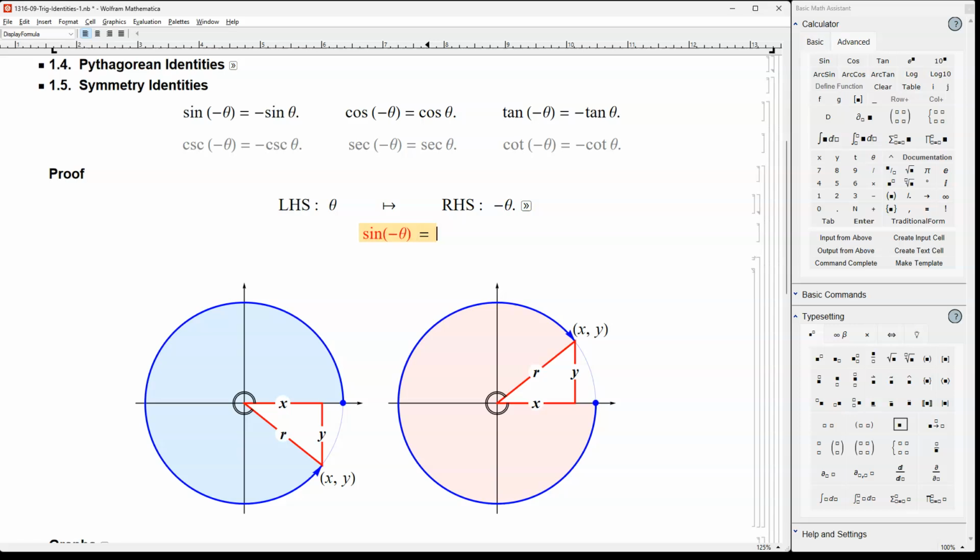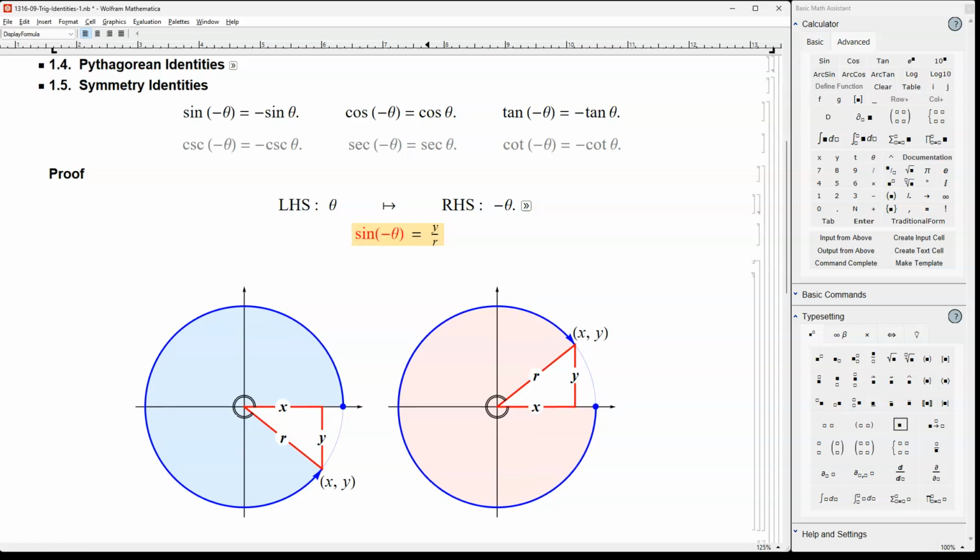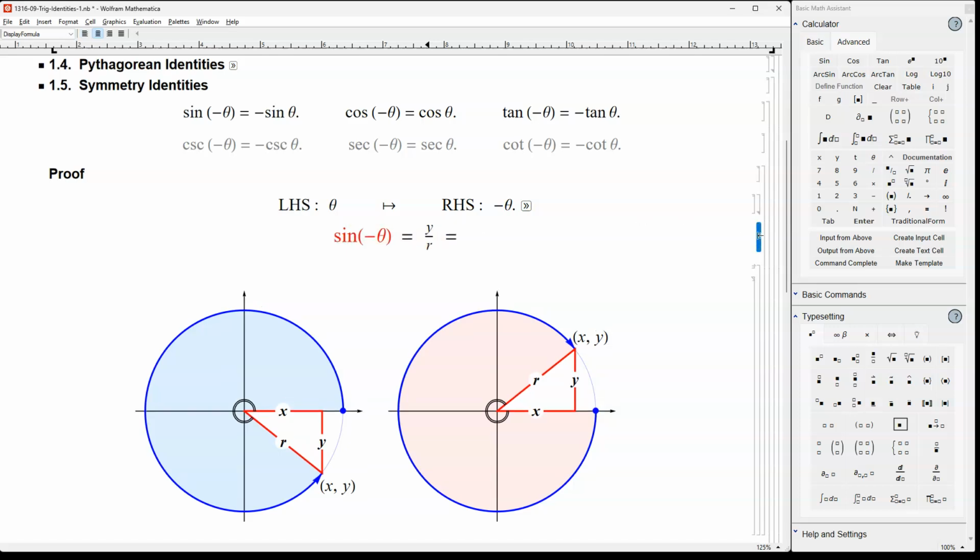And then sine is y over r. Makes sense? Let's make it a little bit bigger. And then let's see, first picture and second picture, I'll be confusing. So let me label that. So y2 here over r. R stays the same. And this is coming from the second picture. All right.